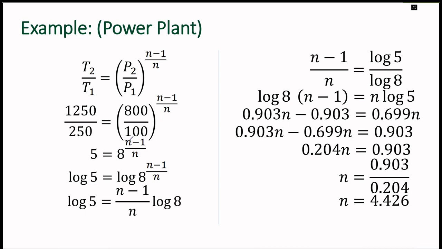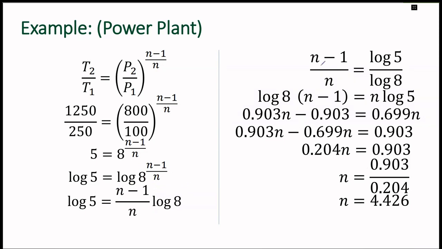So what's the problem? n minus 1 over n. We apply logarithm. So logarithm of 5 is equal to logarithm of 8 to the power of n minus 1 over n. The power n minus 1 over n becomes a coefficient.